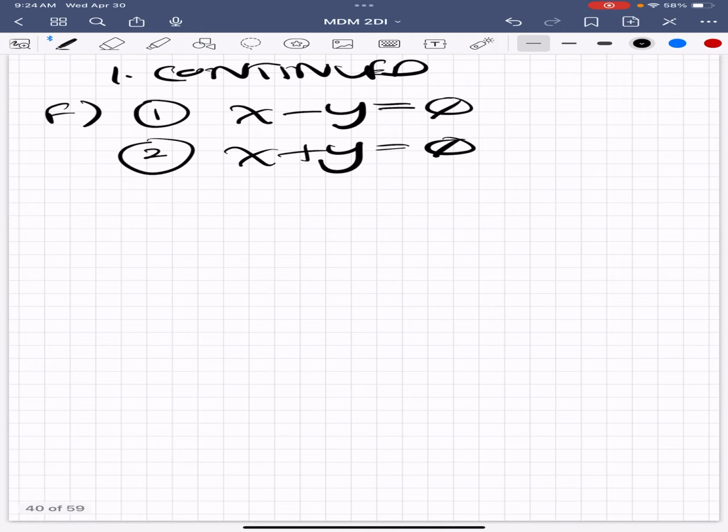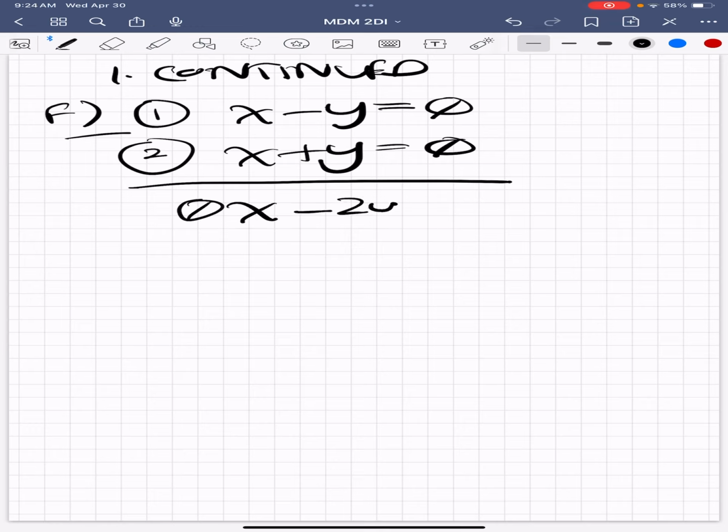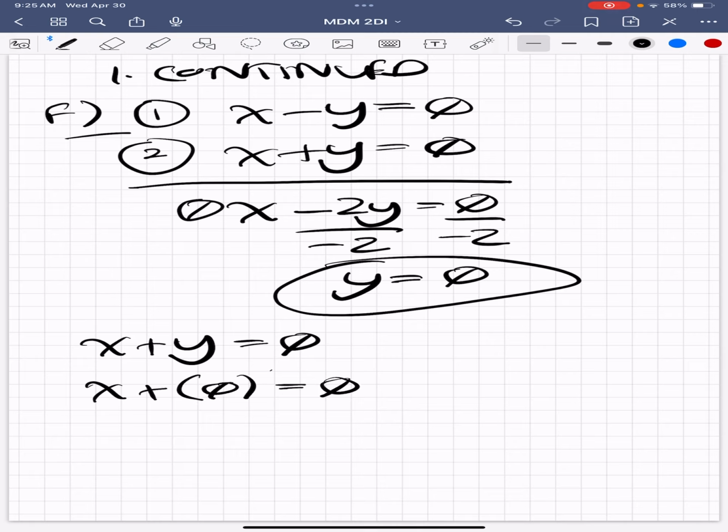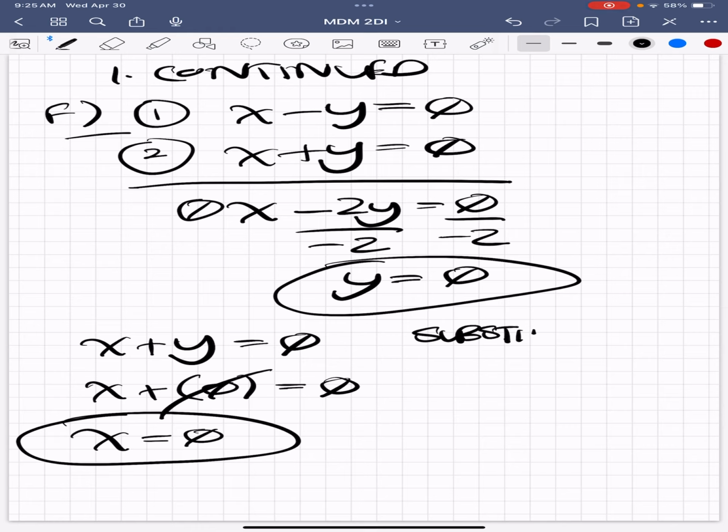So, we subtract equations 1 and 2 to eliminate the x variable. We isolate y to solve for the y-coordinate of the point of intersection, and then we substitute our result into equation 1 or 2, in this case equation 2.